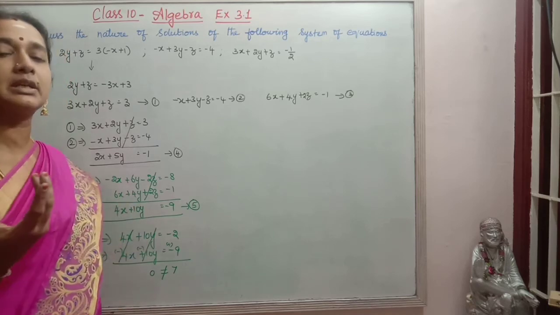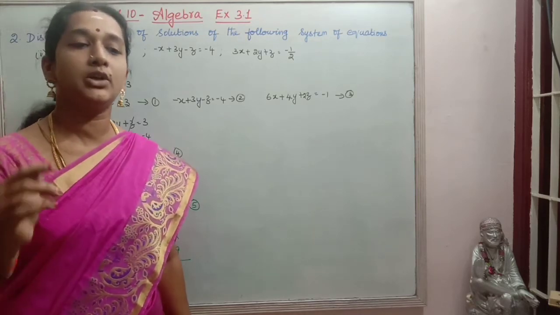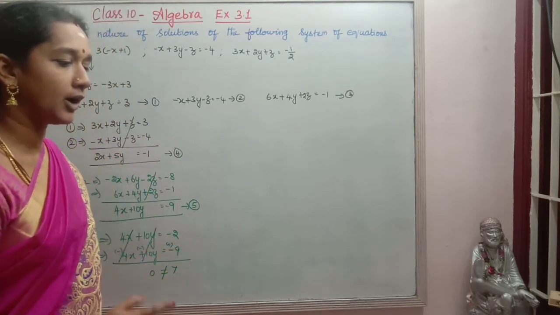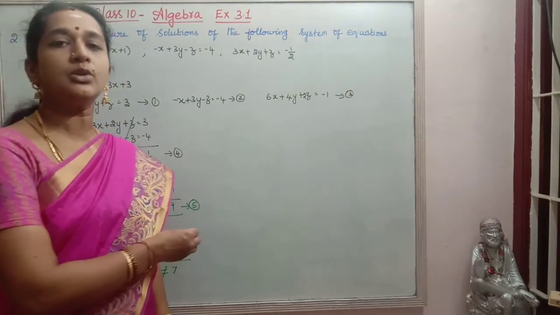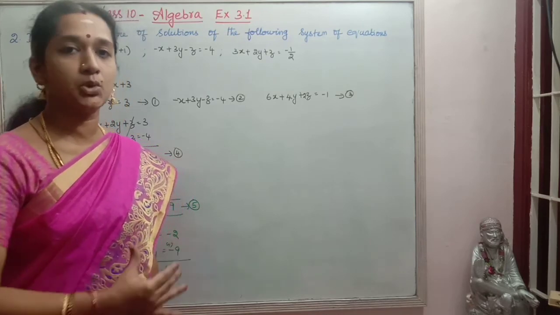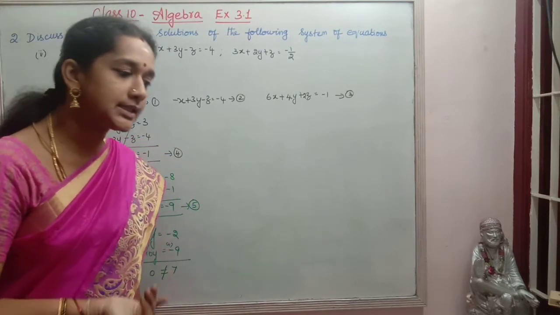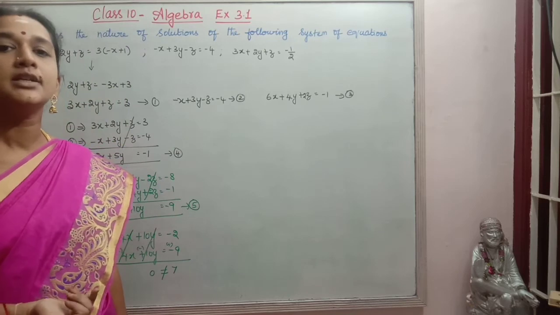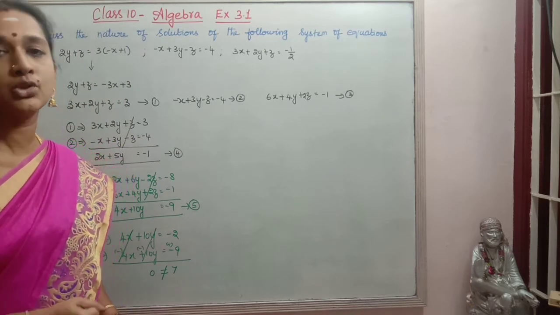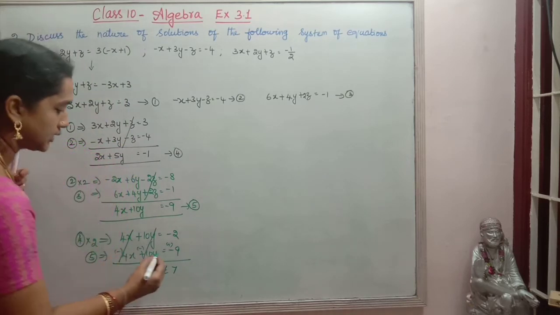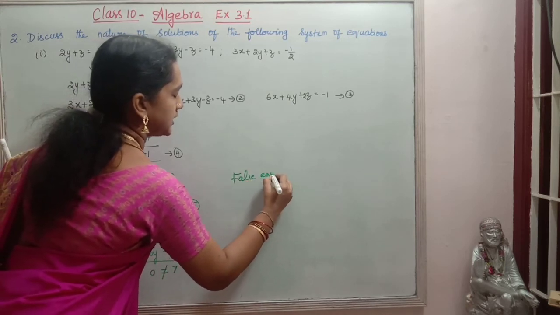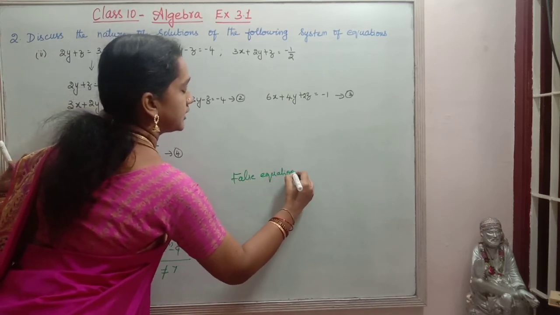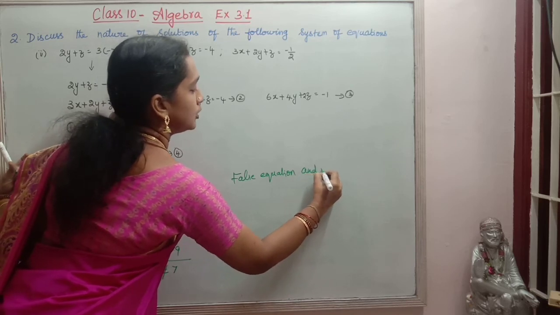In the previous sum we got 0 is equal to 0. In this we got 0 not equal to 7. So this cannot be an equation. This is a false statement, a false equation. So it has no solution.